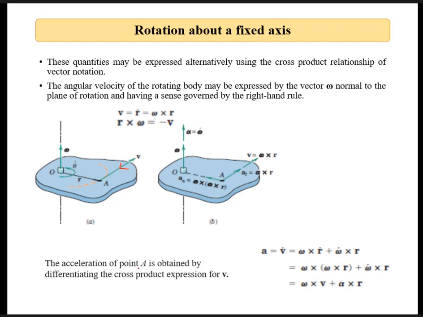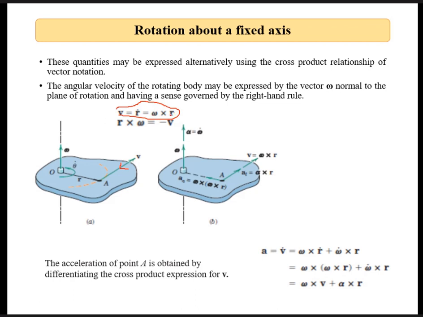Now, how can you obtain the acceleration of point A? By differentiating this expression with respect to time. Omega cross R, you have to differentiate that with respect to time. So what will you get?